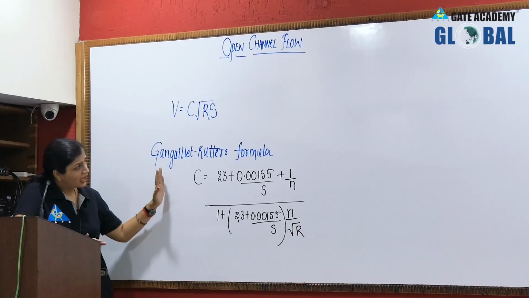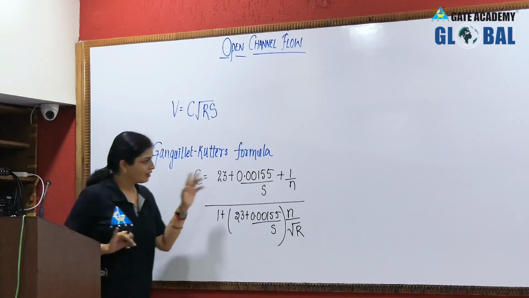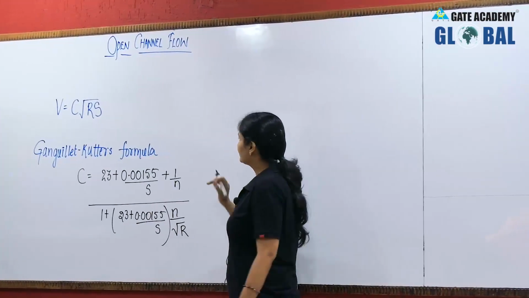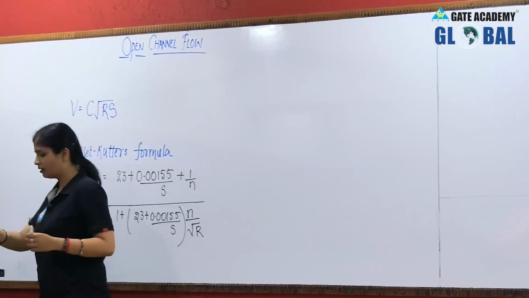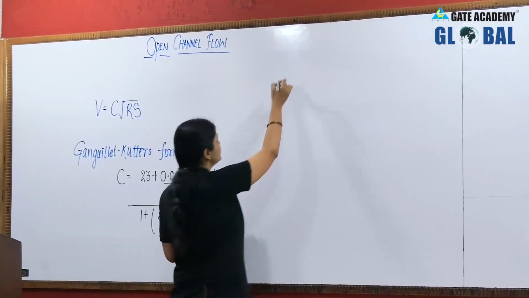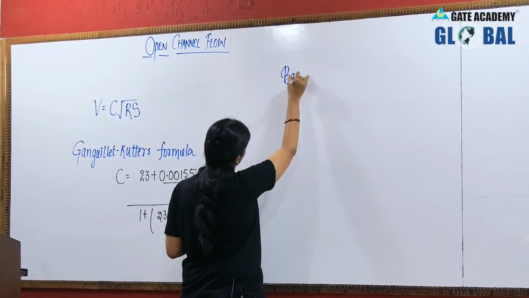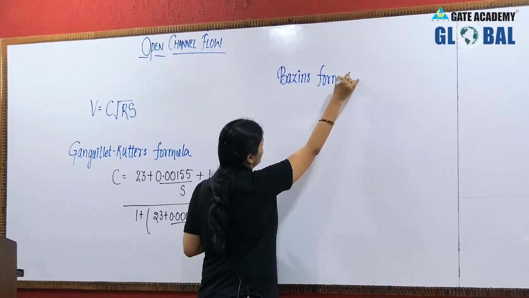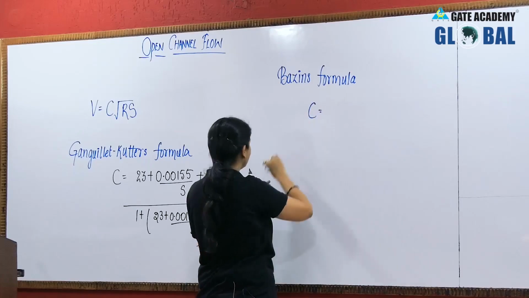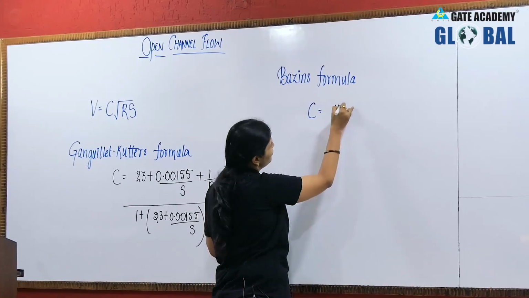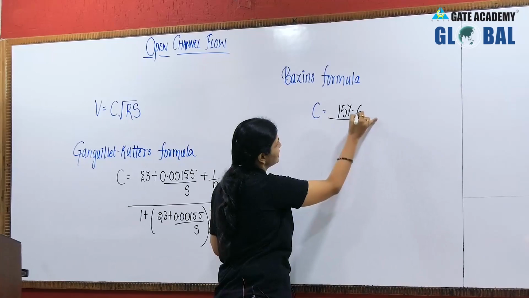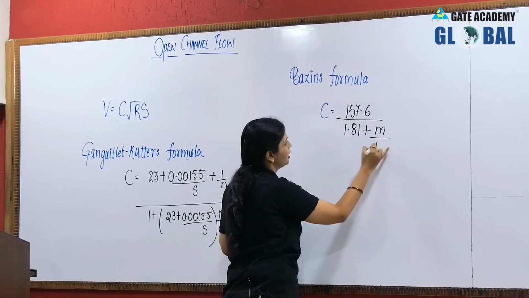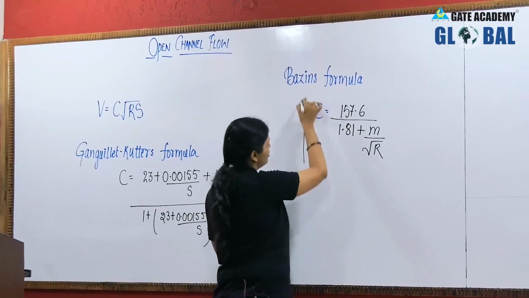Now, this is one formula. Here S is your slope and n is your constant. Second one is Bazin's formula, which is C = 157.6 / (1.81 + m/√R).